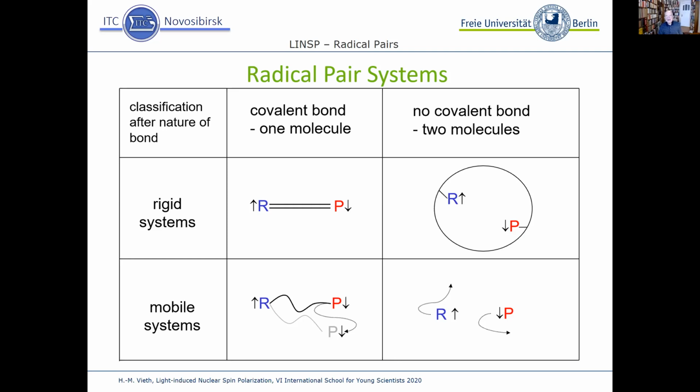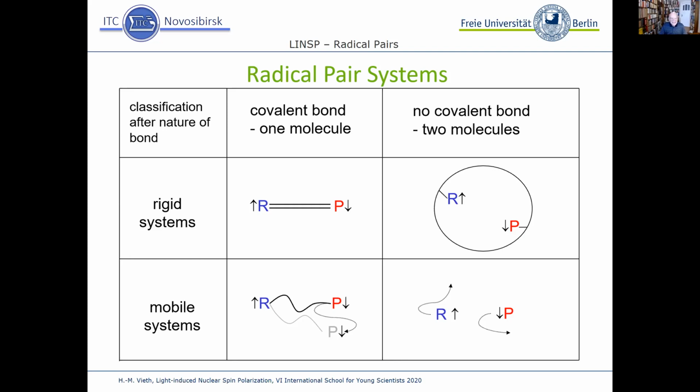So similar radical pair systems will show up in many cases of light-induced nuclear spin polarization. And here I show 4 different cases.